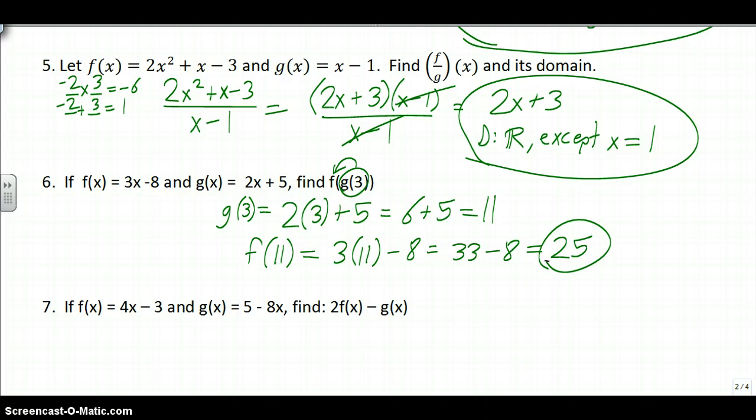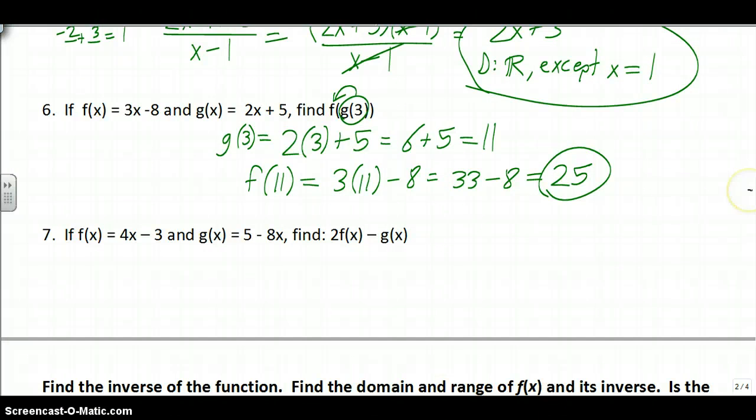Okay, not so bad. If f of x equals 4x minus 3 and g of x equals 5 minus 8x, let's find 2f of x minus g of x. Okay. Well, f of x is 4x minus 3, so 2 times that minus just 1g, so minus (5 minus 8x).